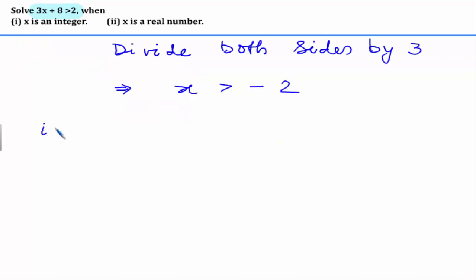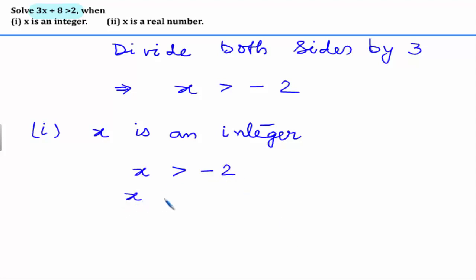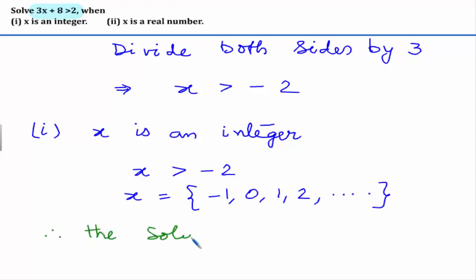Now let us take the first condition where x is an integer. Then x > -2. Then x will be equal to -1, 0, 1, 2 and so on. So therefore, the solution set is -1, 0, 1, 2 and so on.